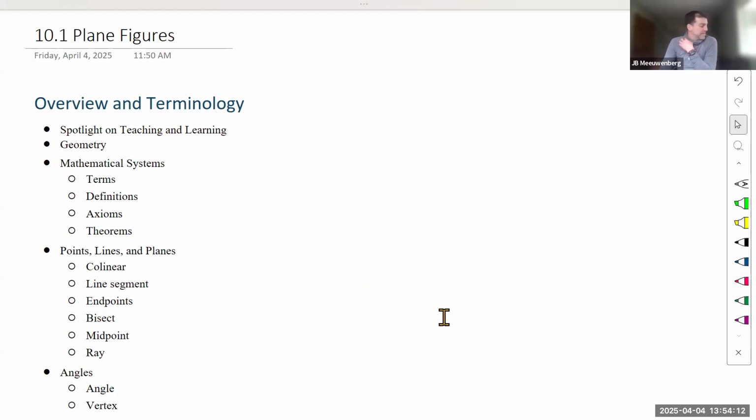10.1 is titled Plane Figures. So this section is all about plane figures. There will be 3 sections in this chapter. And as you can see, as I mentioned, there is a lot of terminology here. We'll start with a spotlight on teaching and learning. We'll talk about just what is geometry, a brief introduction to mathematical systems, terms that go along with that.